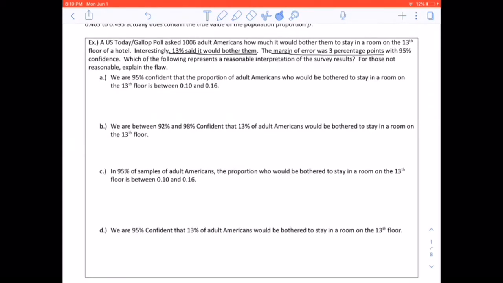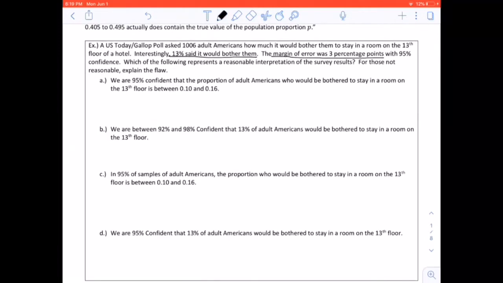Our 13% has a plus or minus, an error of 3 percentage points. And so this means that our value would be somewhere between 10% and 16%, with adding and subtracting that 3 percentage points of our margin of error.